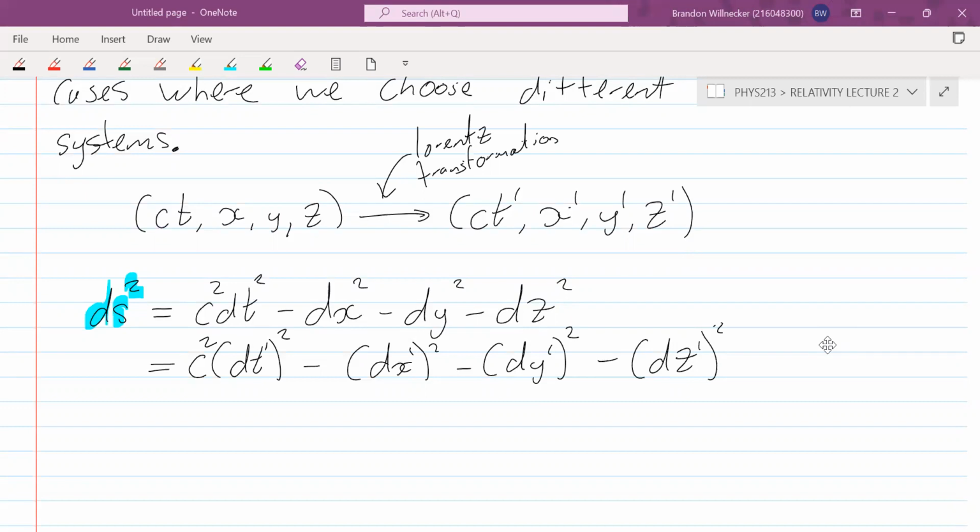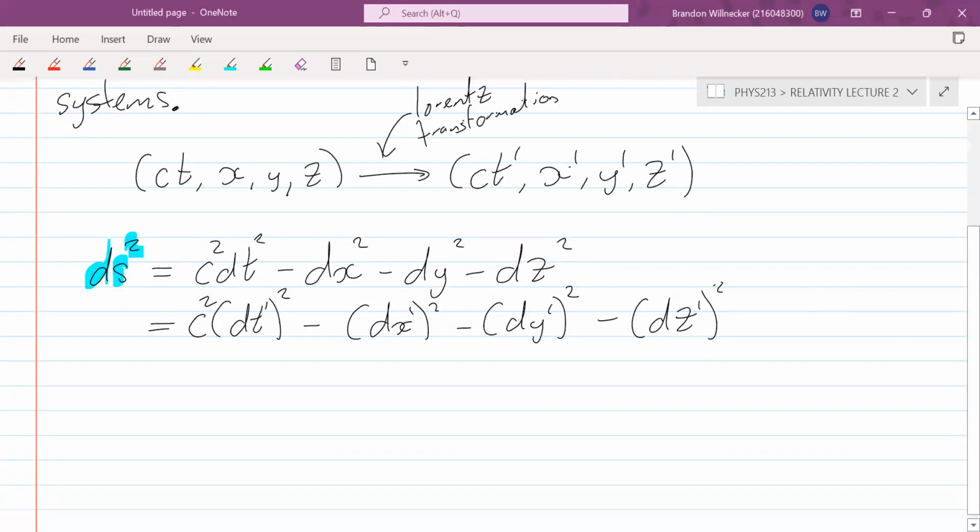However, the fact that we're using t, x, y, and z separately like that means they are still pretty separate. So what we're going to do is define new variables that make them more equal than what we have here.